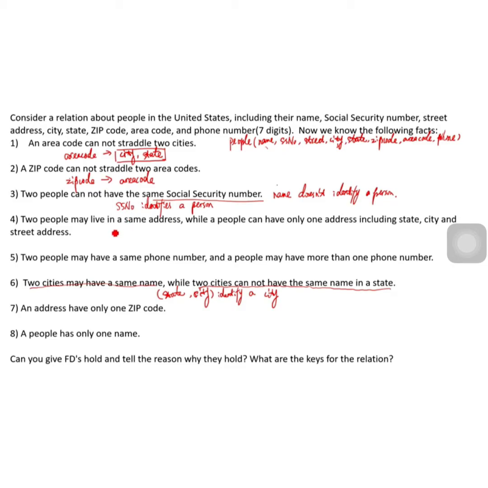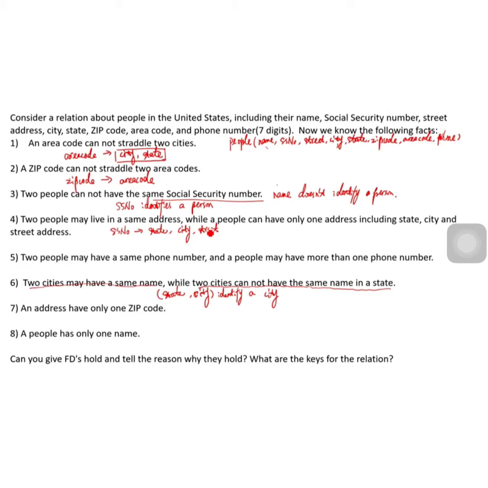The first one is SS number functionally determines address, including state, city, and street.